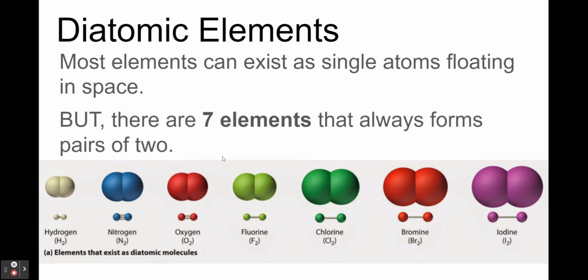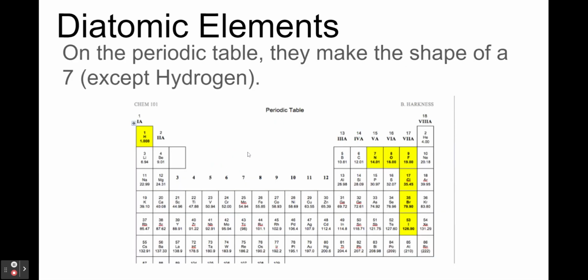So basically, you need to remember these 7 diatomic elements. It's something that you just have to memorize so that when they come up in a formula, you know to write a 2 after them instead of writing them by themselves. But I have some good news, which is that when it comes to memorizing the 7 diatomic elements, there are 2 different things that you can use to help you out.